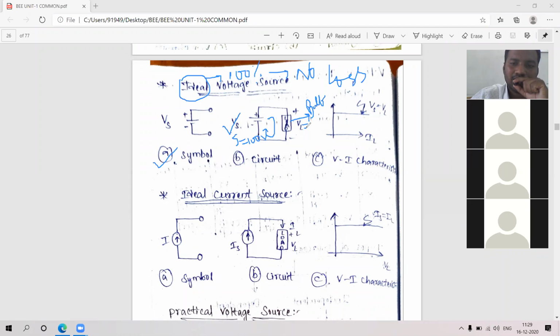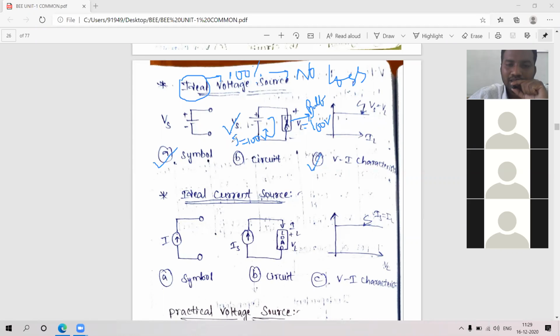Whatever voltage I have applied, that 100 volts will be utilized by the load. Now I am writing the graphs. VI characteristics, voltage.